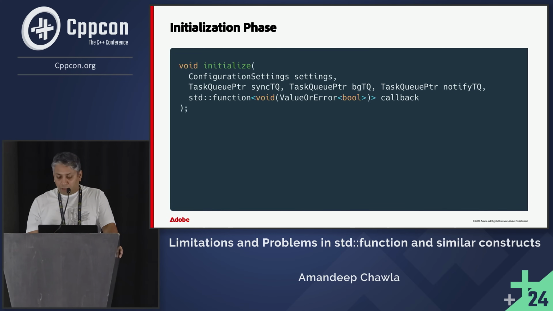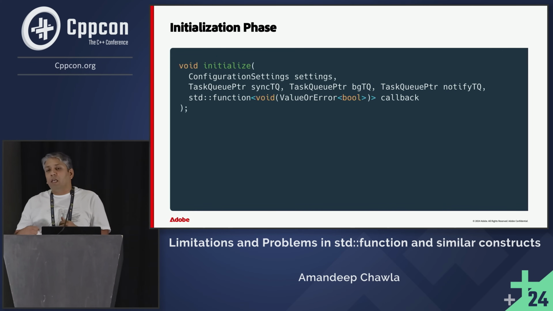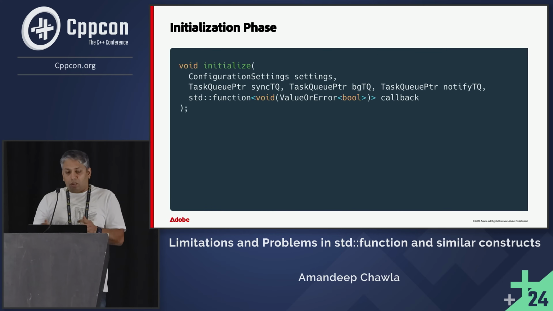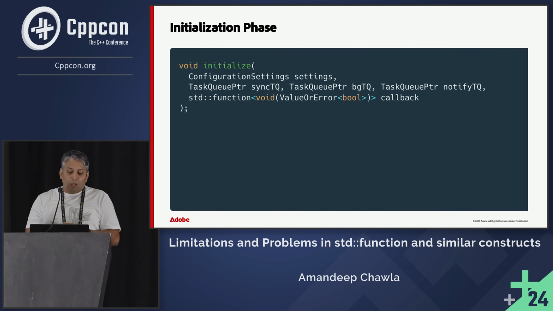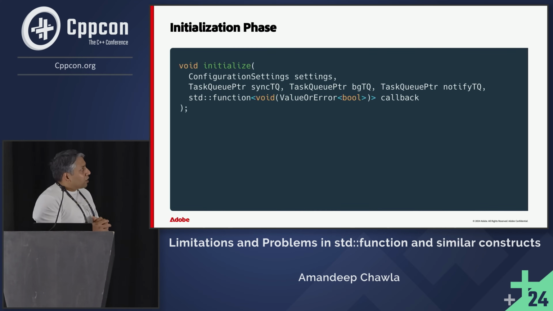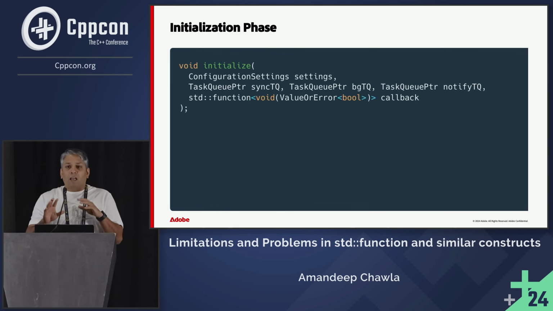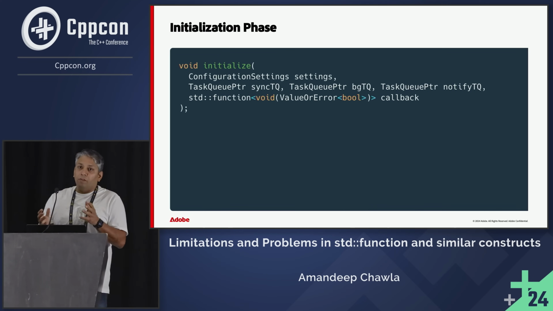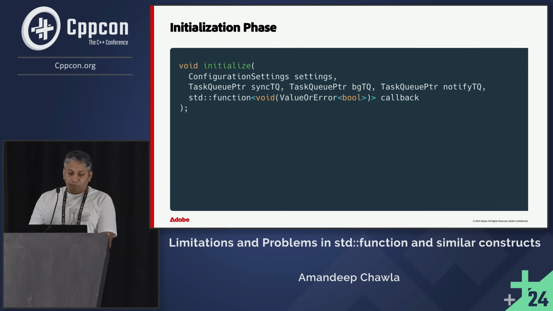And the notify task queue is where, whenever we get any notification, for example from the cloud, that a cloud document has changed or something has changed, we need to provide the notification to our host app. So that is the task queue for that purpose, where we push all the notifications. And the last one is the callback, whenever our initialization is done, we let the host app know whether we were successful or there was some issue.